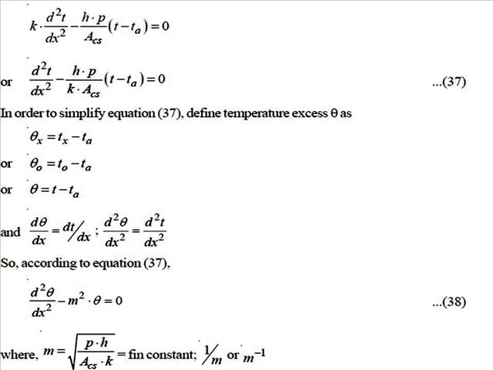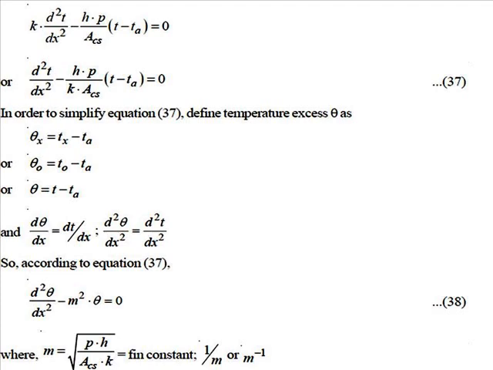So if we want to simplify this equation number 37, we define a new term called temperature excess, theta. So the temperature excess theta equals T minus Ta. If I write theta of x, then it equals Tx minus Ta.